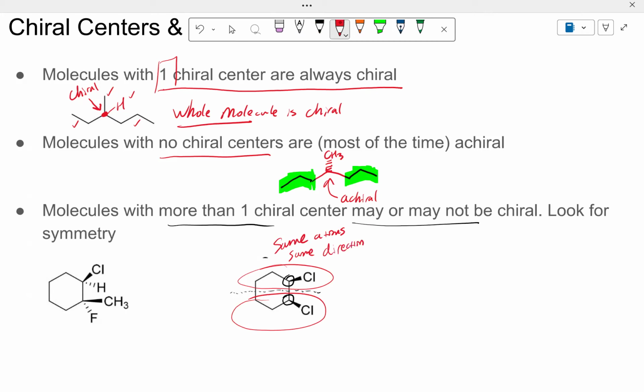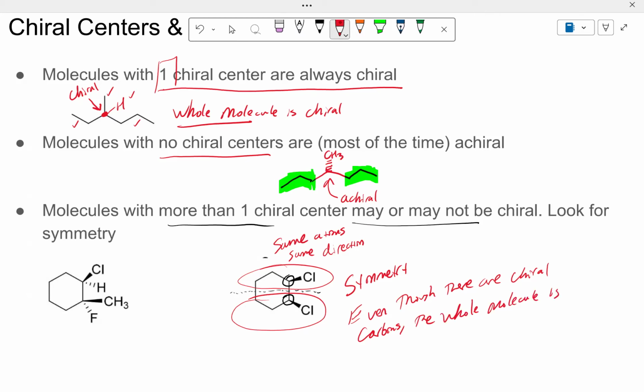That's the definition of a plane of symmetry. This molecule has symmetry. So even though there are chiral carbons, the whole molecule is achiral due to symmetry.